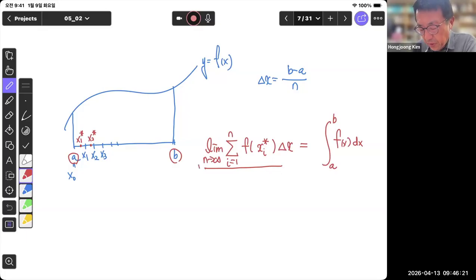So if this limit exists, then that limit will be denoted by this notation, by this symbol.